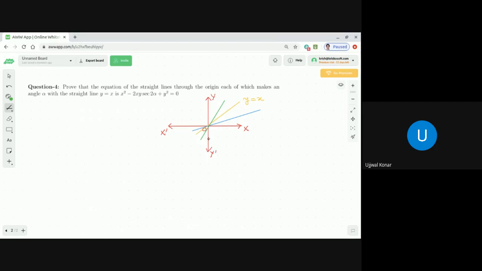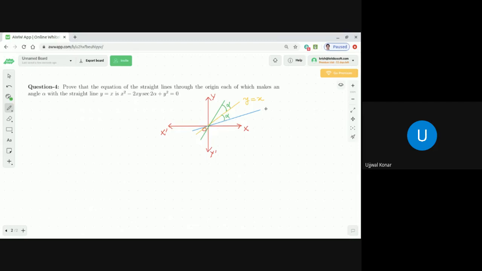Correct. That means, according to the question, and what we can see is that this angle is alpha, and this angle is also alpha. What we need to find, dear students, is the joint equation of the green straight line and the blue straight line. And the yellow straight line is the straight line y equal to x.